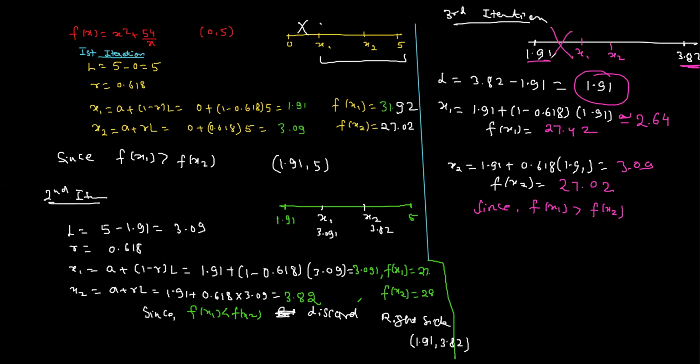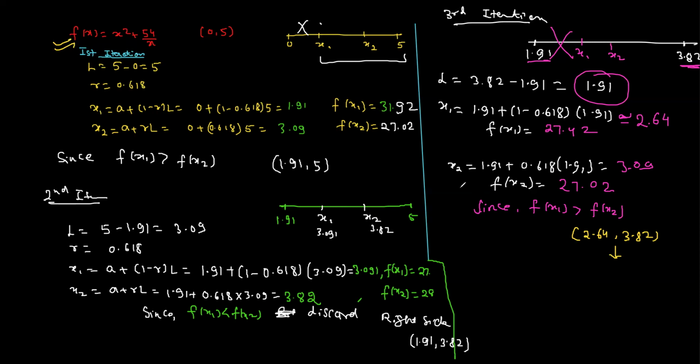But you cannot take the greater part, that's why you will take the other. So the new interval becomes x1, which is 2.64 to 3.82. It means your minimum value lies in this interval, but you are asked to find only up to 3 iterations. Then no need to go further, right? So your minimum value lies in this interval. Understood?